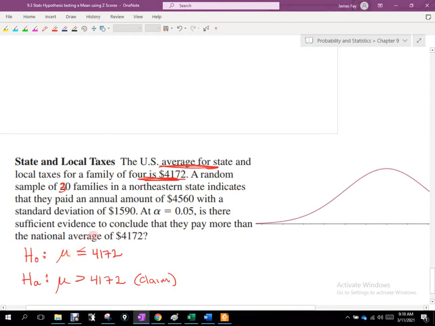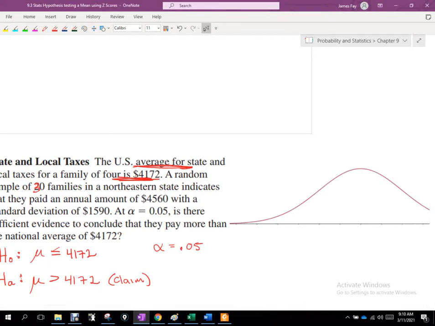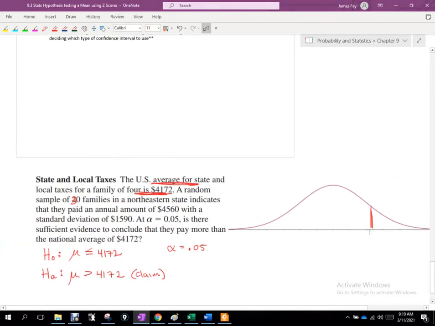So now, if alpha is 0.05, and this is greater than, what type of test is this going to be? It's a right-tailed test. So I'm going to come over here and put 0.05 there.